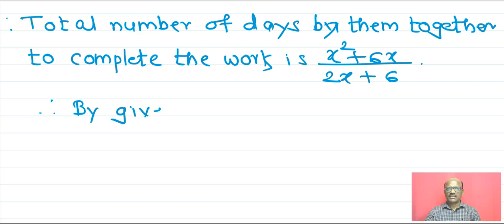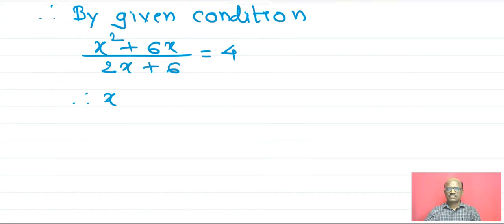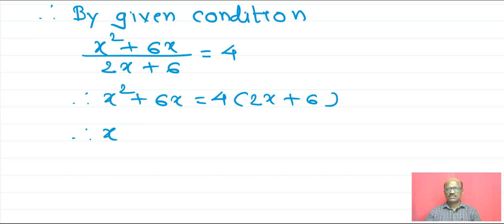Therefore, by the given condition, x square plus 6x upon 2x plus 6 is equal to 4. x square plus 6x is equal to 4 in bracket 2x plus 6.